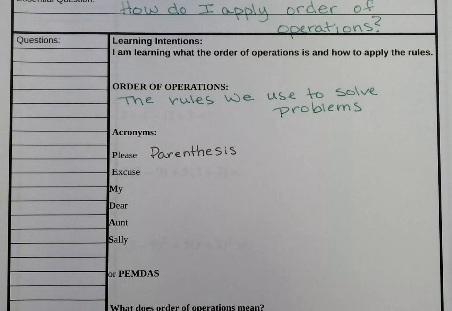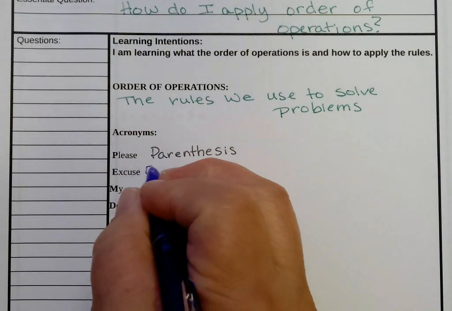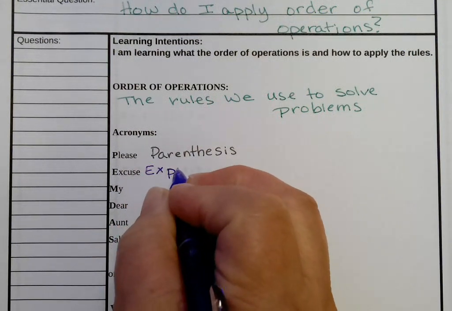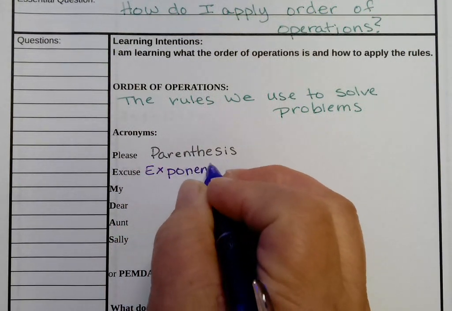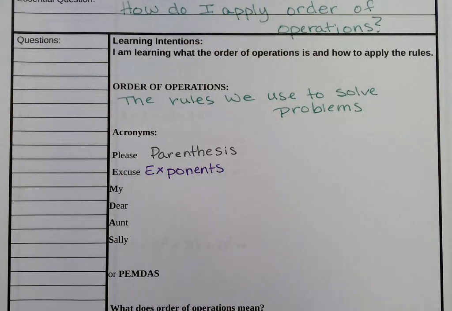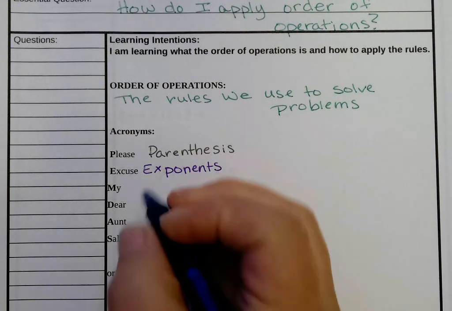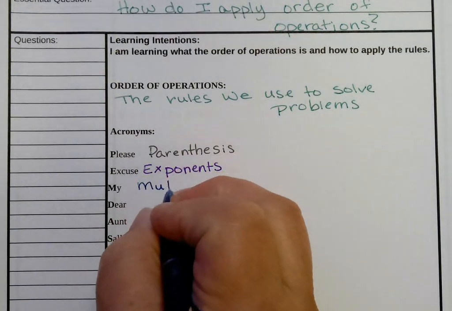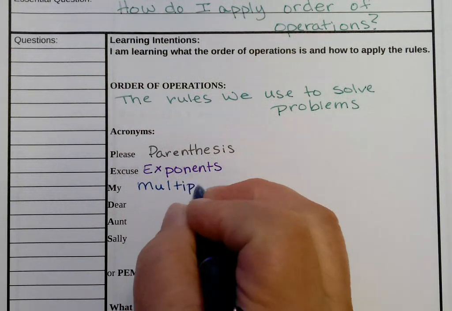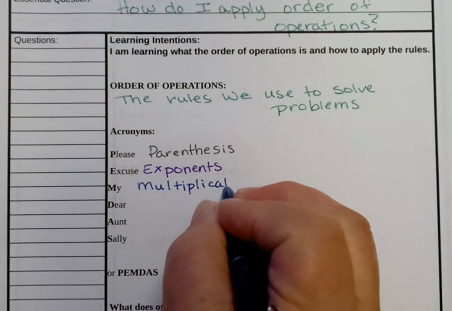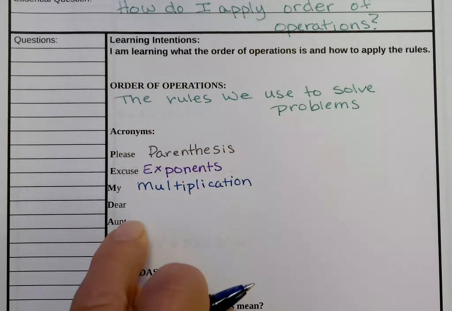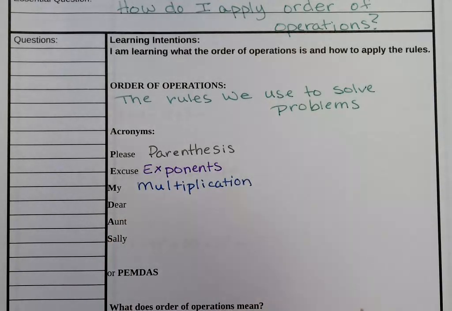E stands for exponents. Okay, PE. M, multiplication. D, division.